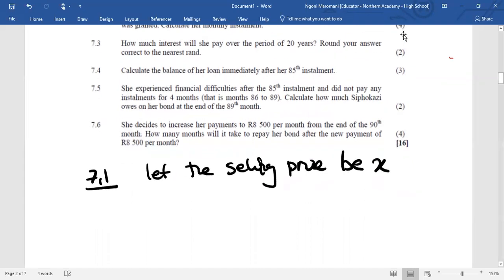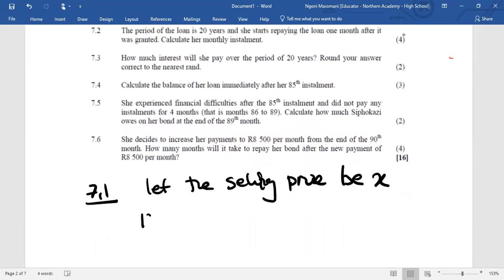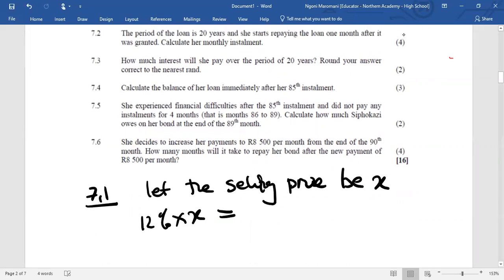So we are saying 12% of X, which is 12% multiplied by X, is the one that is giving us 102,000.